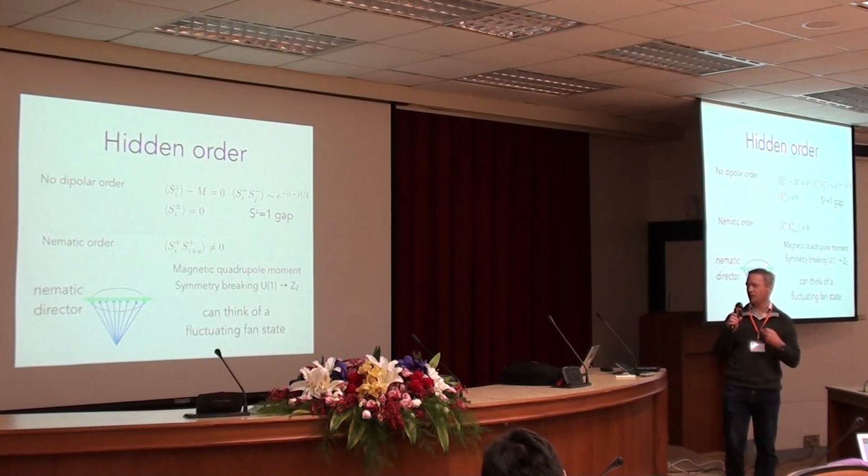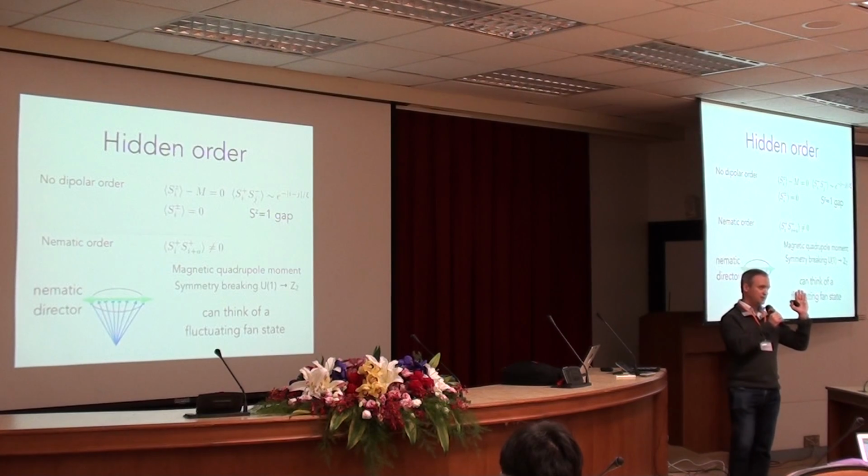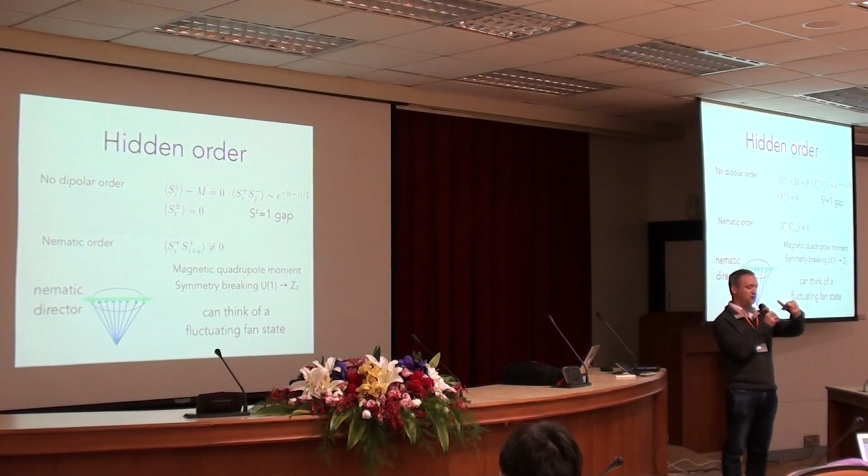Maybe a nice physical picture for such a state is to think about it as a quantum fluctuating version of what's called a fan state. Sometimes in spin systems in a magnetic field, the spins will form a fan or a coplanar state. So if we look in space, here's a field direction, a spin might be pointed here.